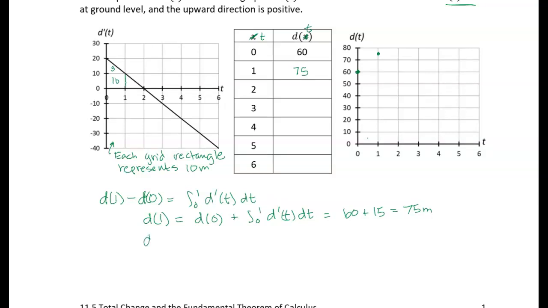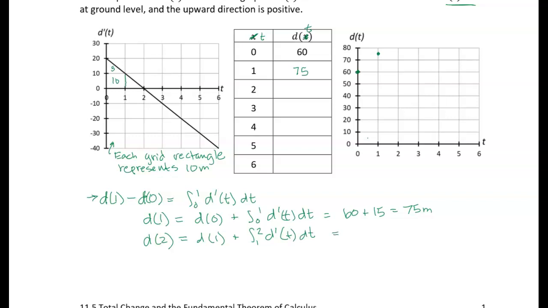Okay, let's find d at 2. So again, I could rewrite it this way. I don't want to rewrite this every time. But essentially, the position at 2 is just going to be whatever the position at 1 was, and we can just add the integral from 1 to 2 of the velocity.